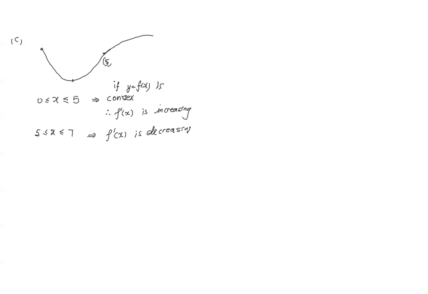If you are a person who can't see like that, you look at the shape. f prime x is decreasing because the f(x) graph is concave downward, or concave. Are you clear? So that is how I see.